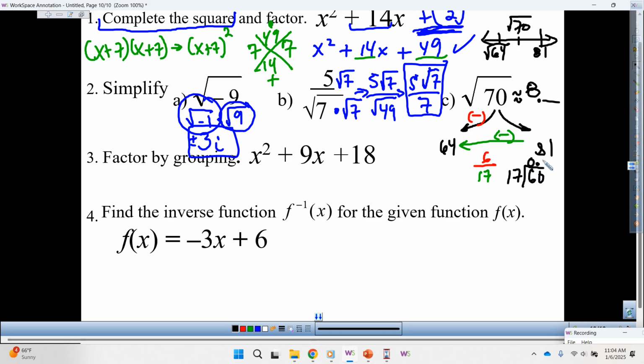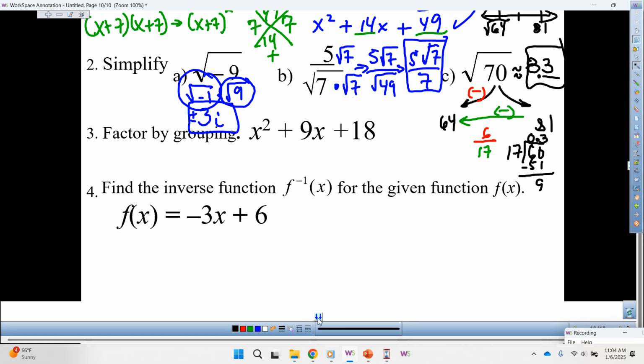Into 60, if it's in there 3 times, that's 51. 9, I'll leave it at that. So it's 8 point what? 3, approximately. That's how you find the decimal. I am going to be asking you for that pretty soon, so make sure you're getting this down. Okay? Yes, Mr. Q. All right.